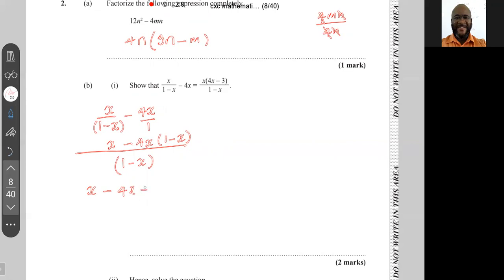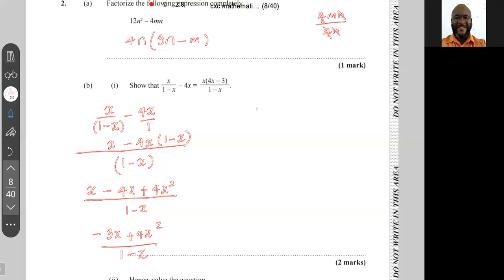So it's positive. 4x times x is 4x squared. And this is all over 1 minus x. Next, x minus 4x is minus 3x. So this is minus 3x plus 4x squared over 1 minus x.